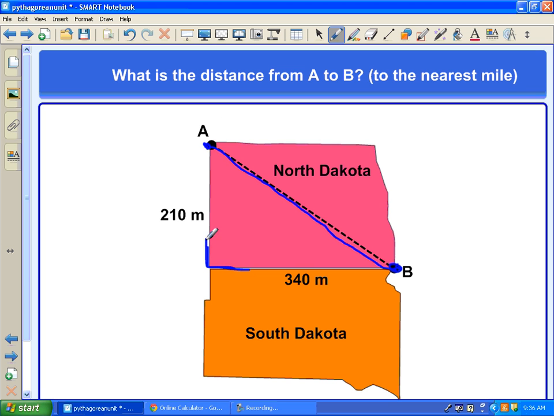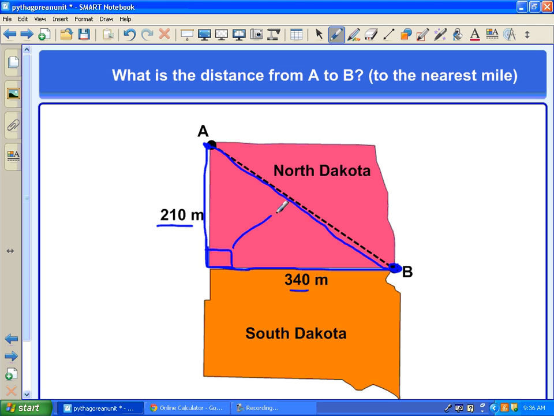Now, if I were looking at it, on this map, it looks like it's making a perfect right angle. We know what the distance is across the bottom here. We know what the distance is across this side of the map. That's 210.